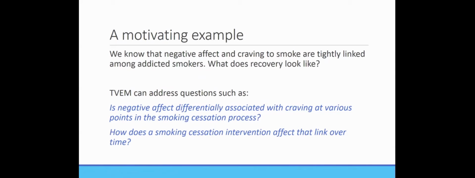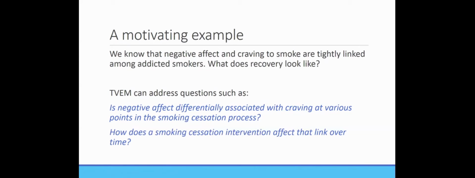So questions we might use TVEM to answer related to smoking cessation and withdrawal are, is one's negative affect differentially associated with their craving at various points in the smoking cessation process? So you get into a bad mood, you want to smoke a cigarette. We know this happens after you quit smoking.